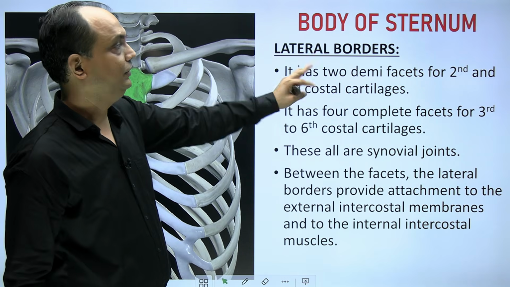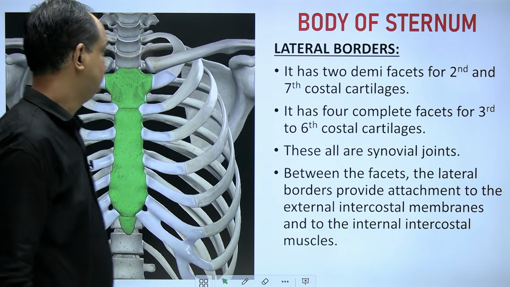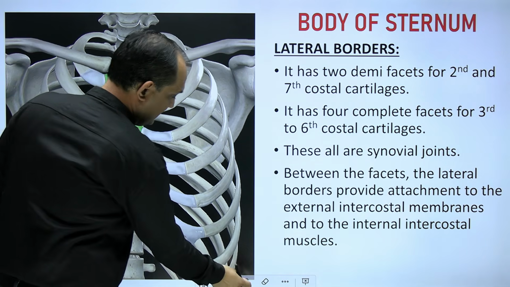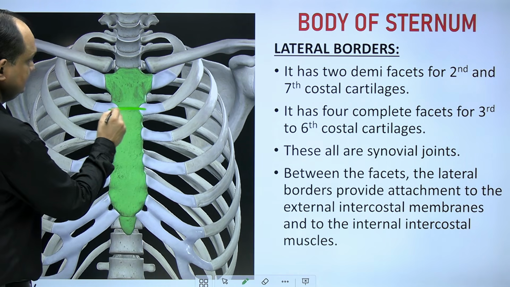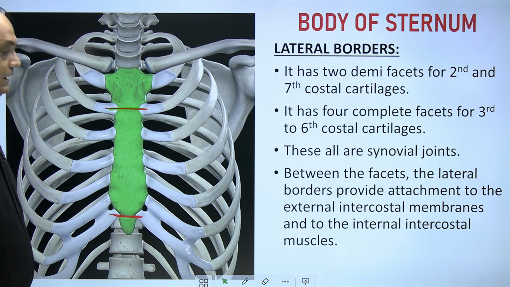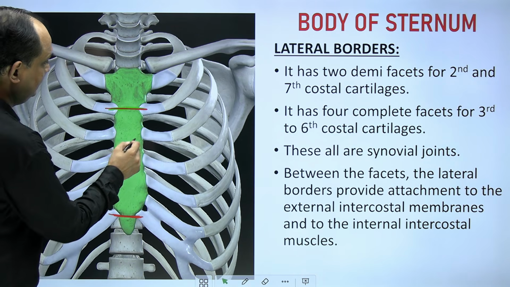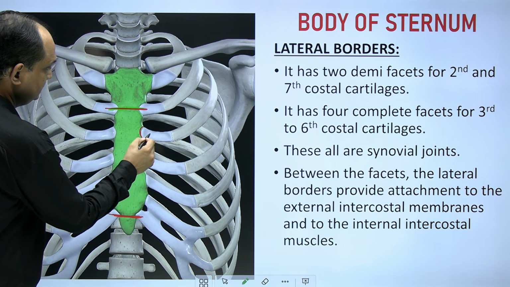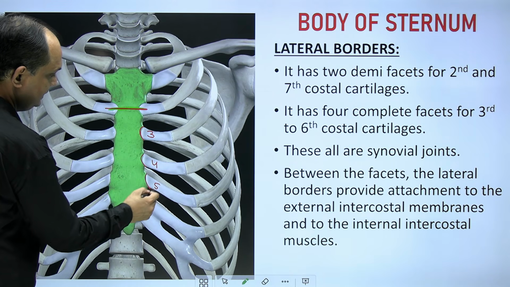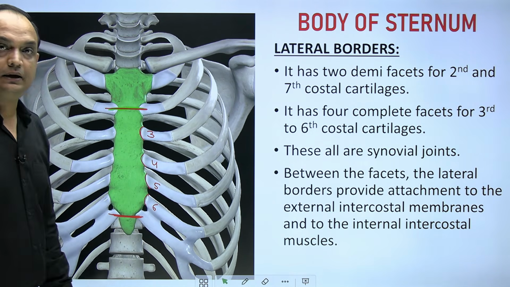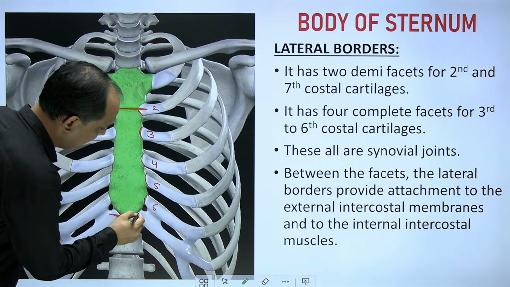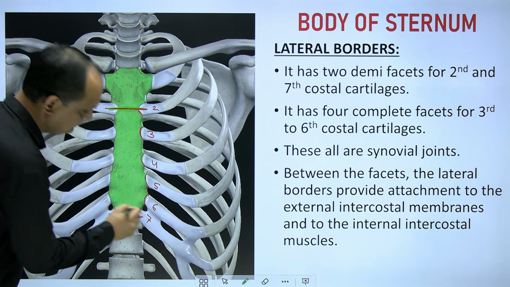Now when you see the body of sternum, from the junction between the manubrium and this body to the junction between the body and xiphoid process, what you will find is a complete facet for the third costal cartilage, fourth costal cartilage, fifth costal cartilage, sixth costal cartilage. But in the upper part you will have the half facet for the second, and here you will have a half facet for the seventh.